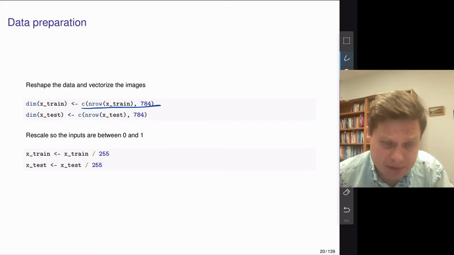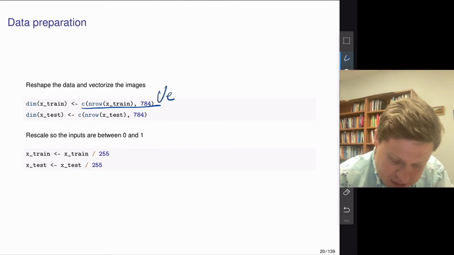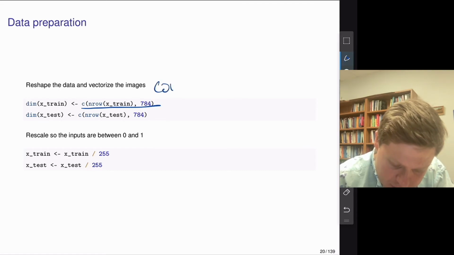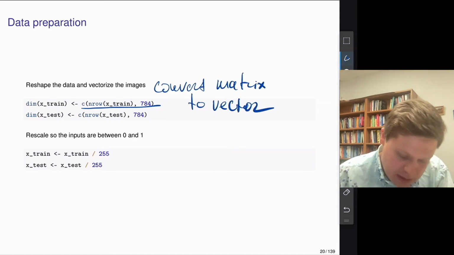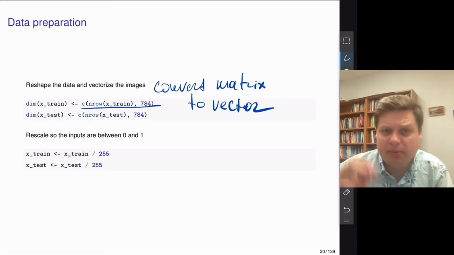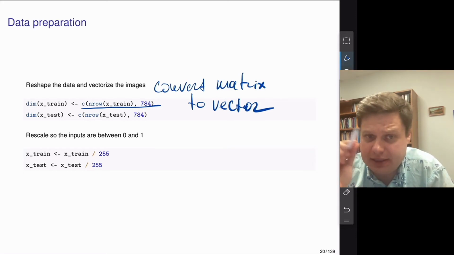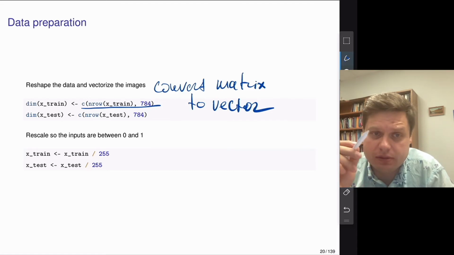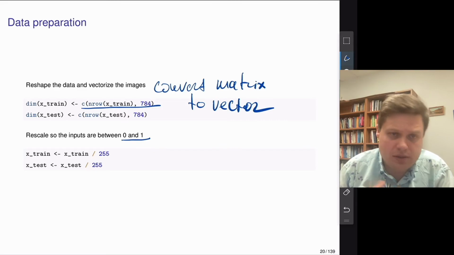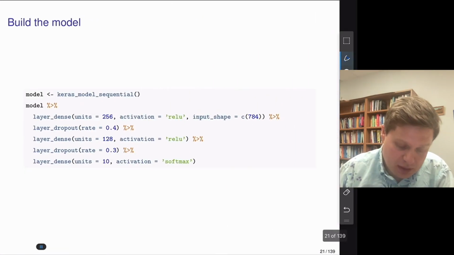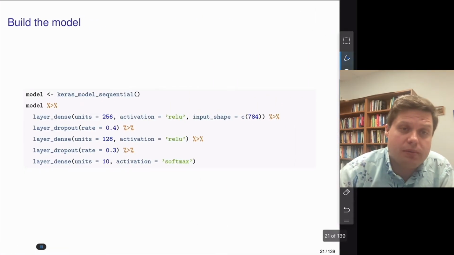This operation converts a matrix to a vector. And then we rescale them. Remember that each pixel has this intensity of black from 0 to 255. We rescale it so each number is between 0 and 1, so we just divide by 255. And that's it. Now we are ready to build the model.